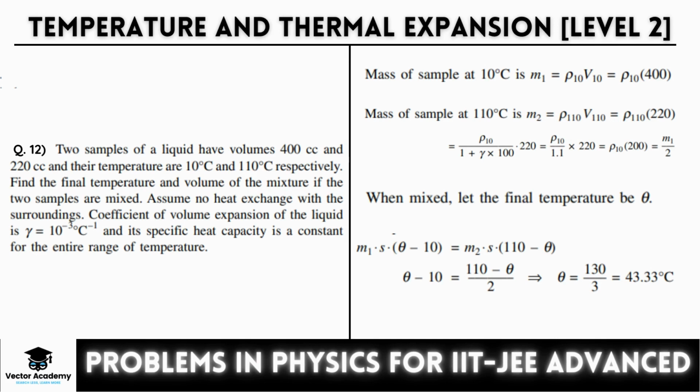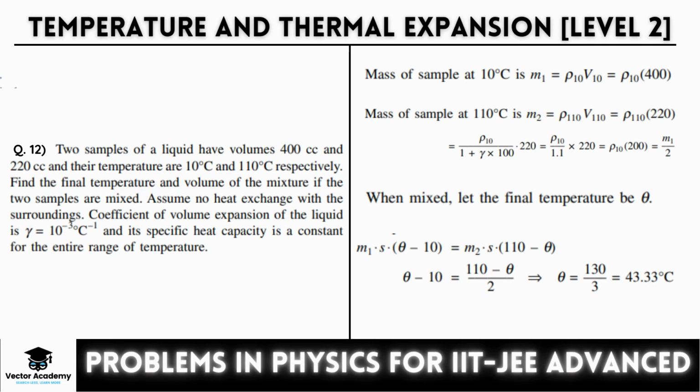Mass of sample at 110 degrees Celsius is m2 equals ρ110 into v110 equals ρ110 into 220. Since density at 110 degrees Celsius equals density at 10 degrees Celsius divided by 1 plus gamma into change in temperature 100, we get m2 equals m1 divided by 2.